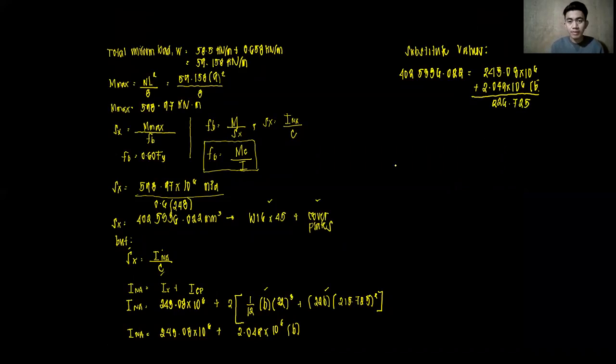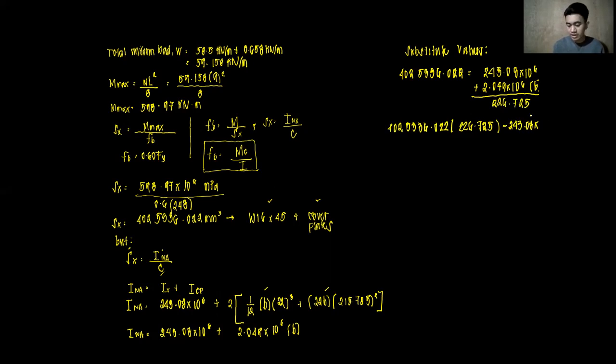226.725. Cross multiplying this, anong mangyari? So I will have there, simplify ko na lang, 402,536.022 times 226.725 is equal to, or transpose ko na rin tong isa. So I will have there minus, transpose the other one, minus, I will have there 243.08 times 10.